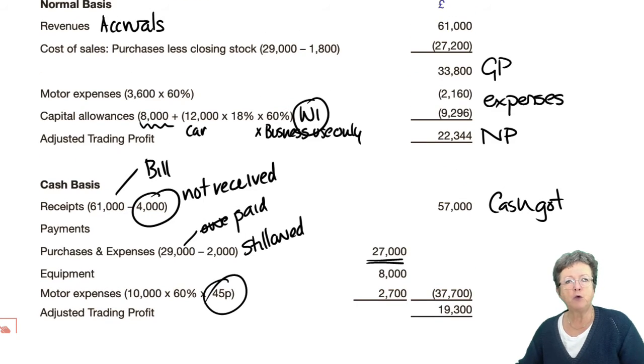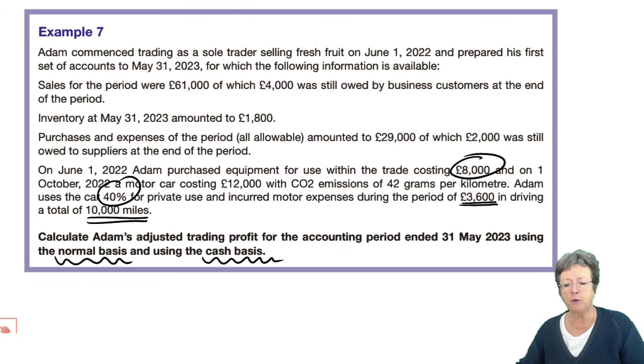And if you are a small business, then quite often the cash basis produces a smaller profit. And that profit then obviously produces a lower tax bill. It might be something worth considering for those clients who are not earning quite as much as we had anticipated.